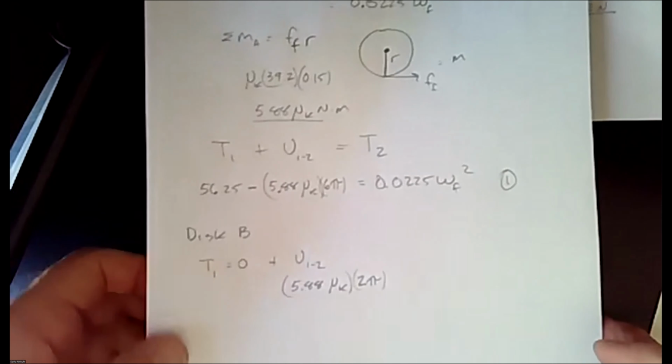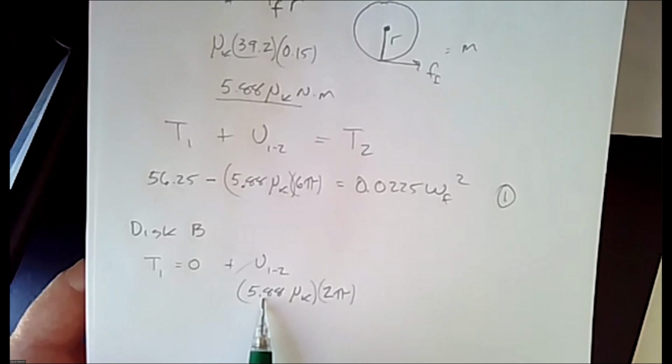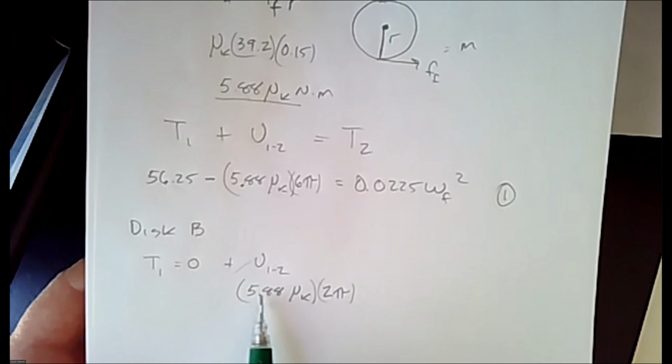So the first one took 3 rotations, and it was taking away from the energy. This one, disk B, started at 0, and then you added this friction force. And again, this is just normal force times mu k times the radius. So that's just 39.2 times 0.15. That's where that comes from.